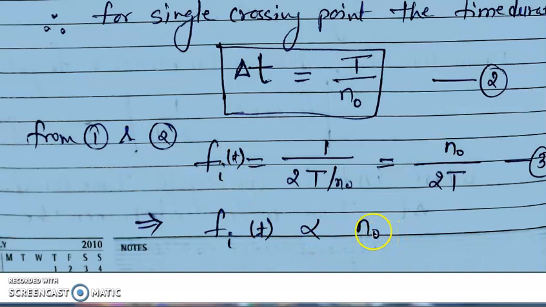Vice versa, the number of zero crossings is the replica of the instantaneous frequency of the modulated wave.